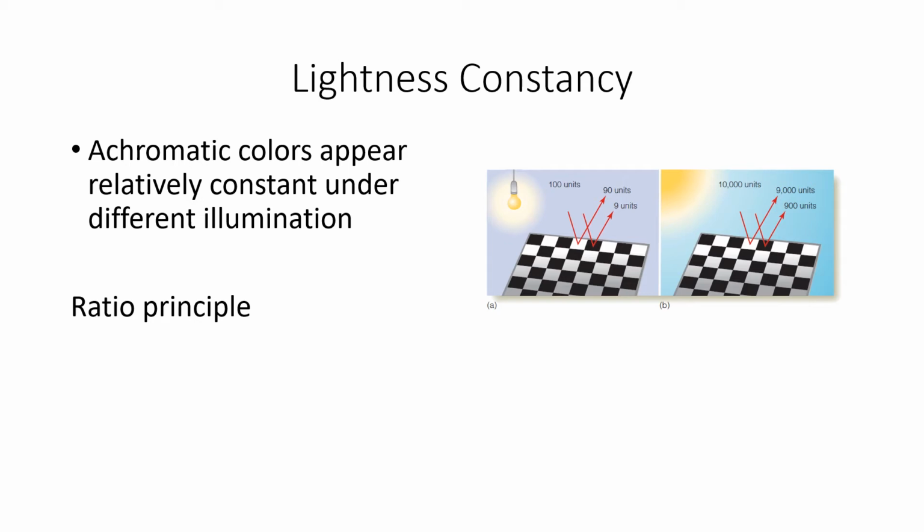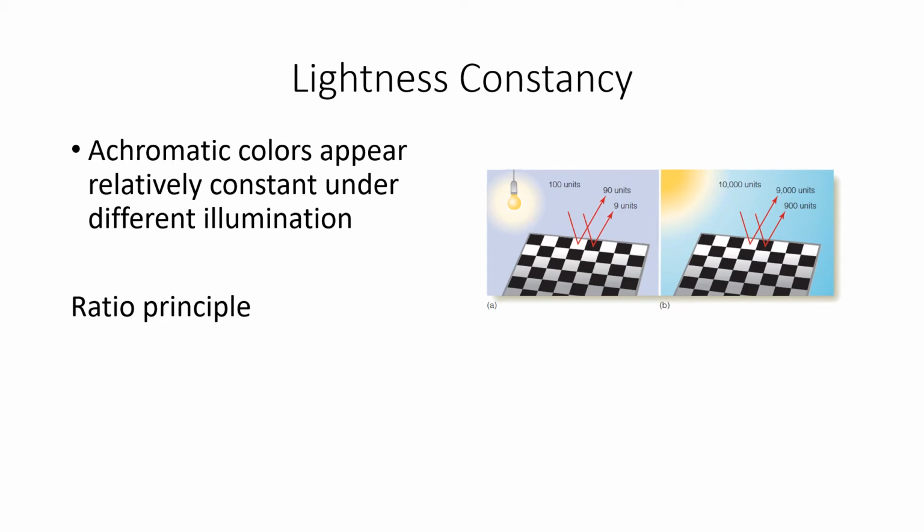But if you look at the black squares in B under the sunlight compared to the white squares in A under the dim indoor light, more light is actually reflected by the black squares in B than by the white squares in A. So the fact that that remains constant, you might be pretty awed and amazed.